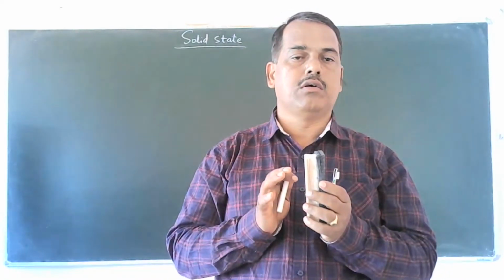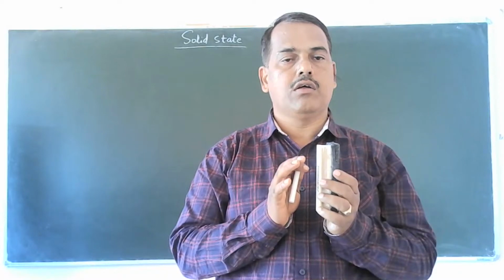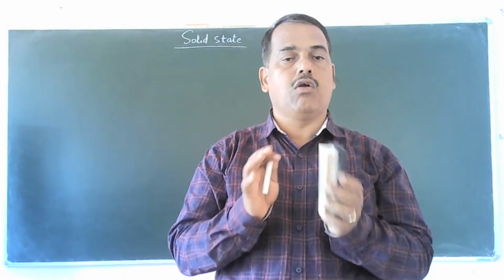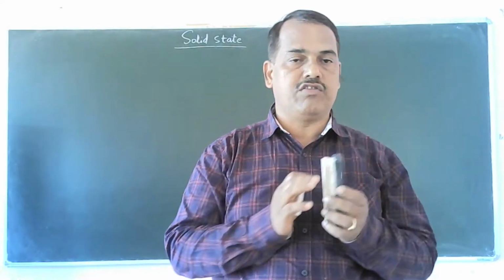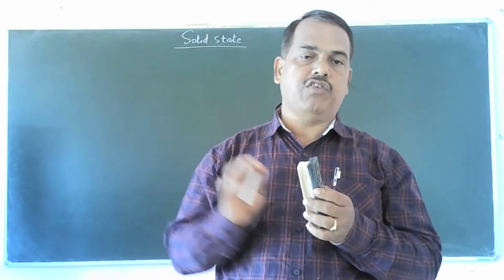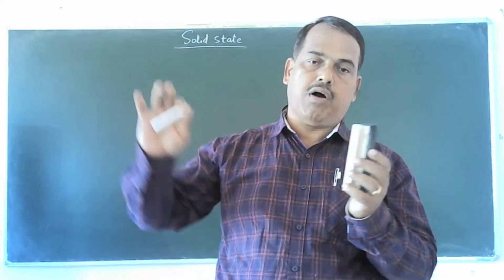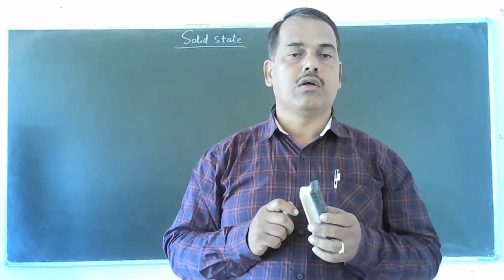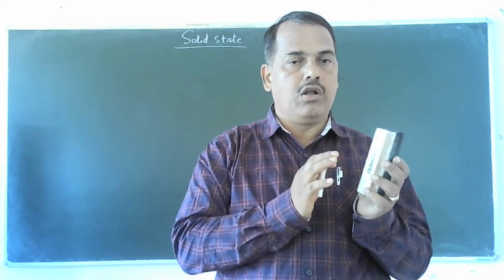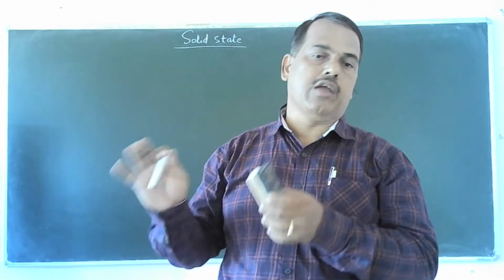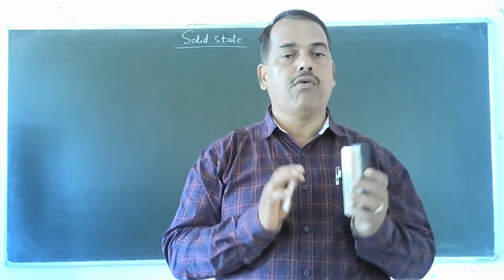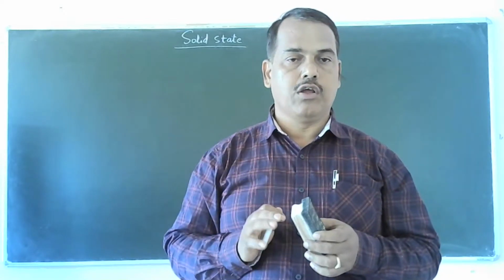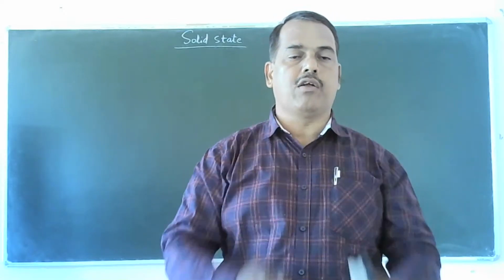If you go for liquid, the particles are loosely held, not as tightly as in solid state. If you go for gaseous state, the particles are far away from each other. So therefore, solid, liquid and gaseous states have differences in their physical state due to the arrangement of particles.